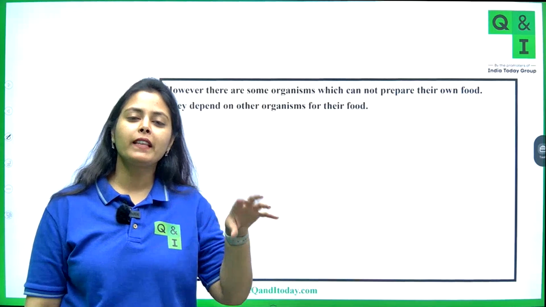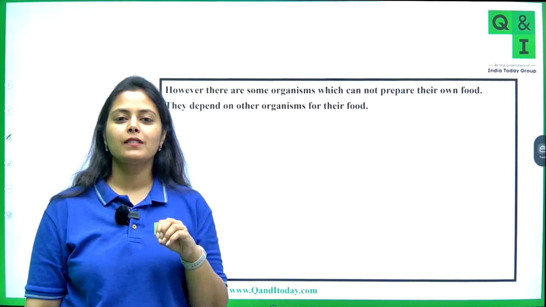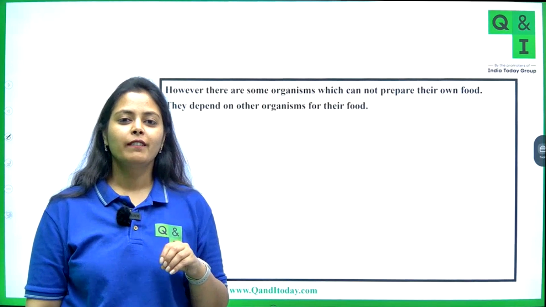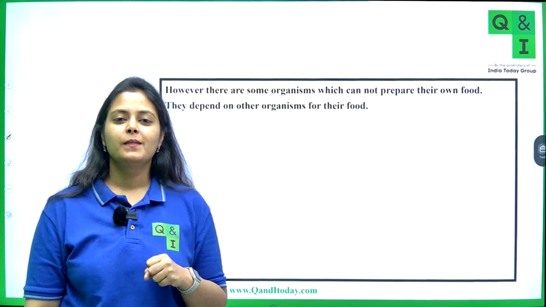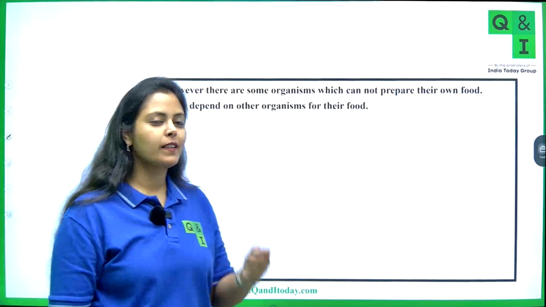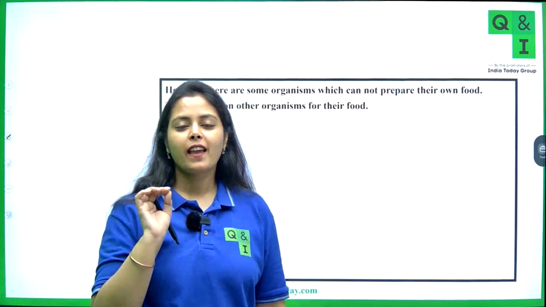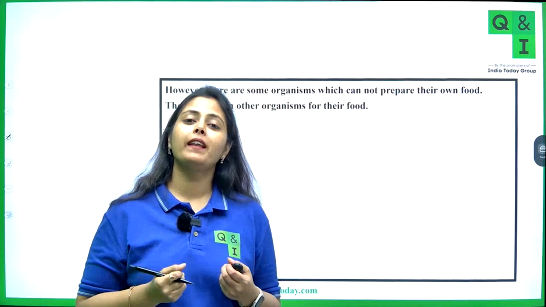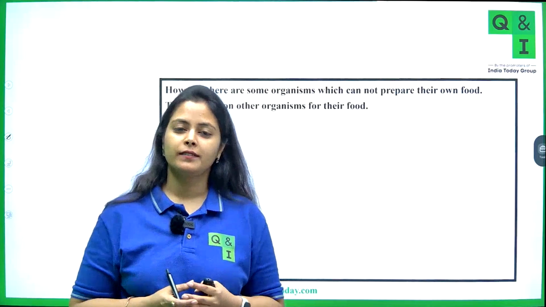If I put you in nature, if I give you sunlight, carbon dioxide, H2O, will you be able to prepare your own food? Think on this ground. Has this question ever come to your mind that, ma'am, we are preparing our own food, we are going to the kitchen and cooking?